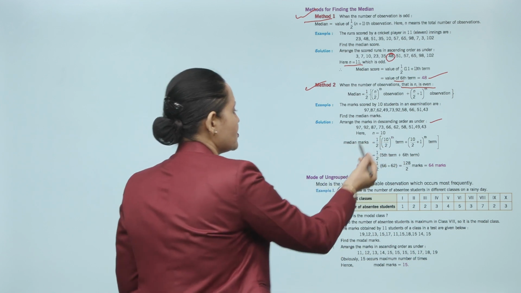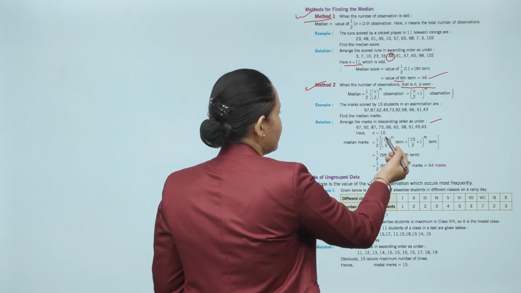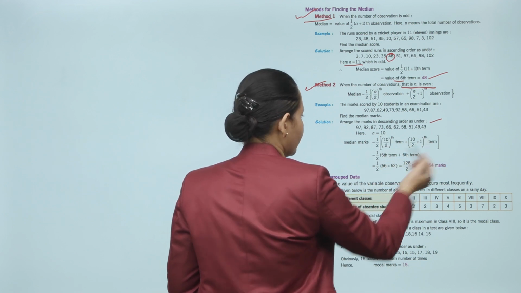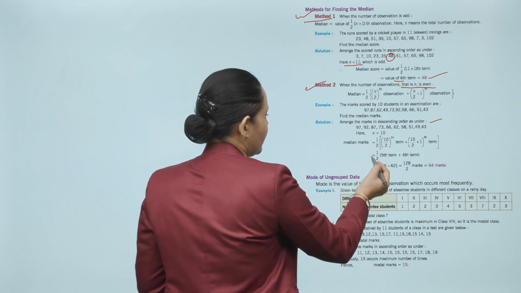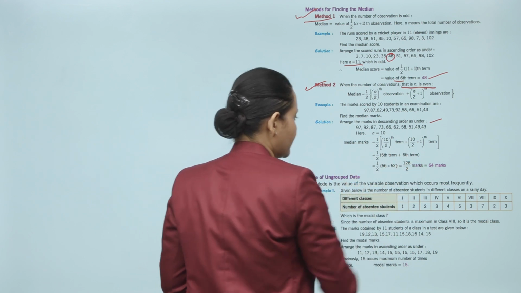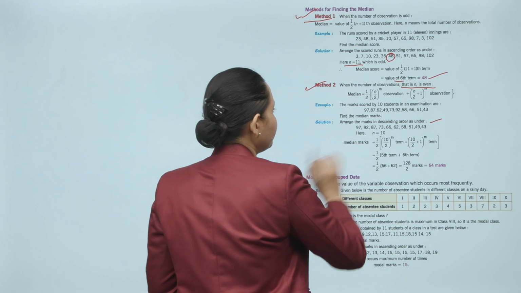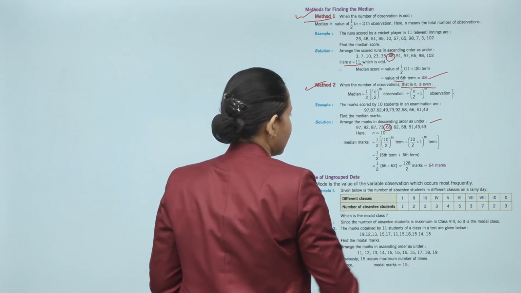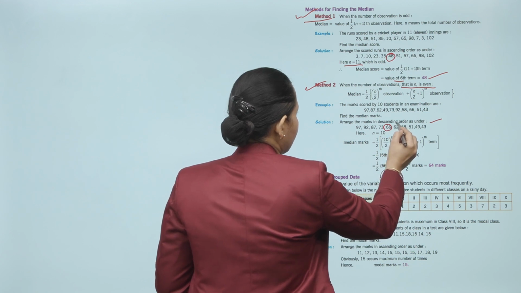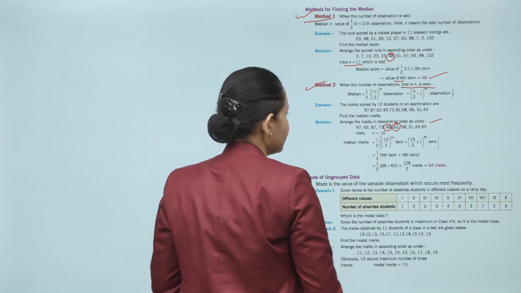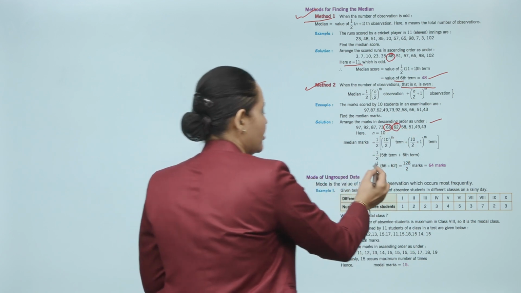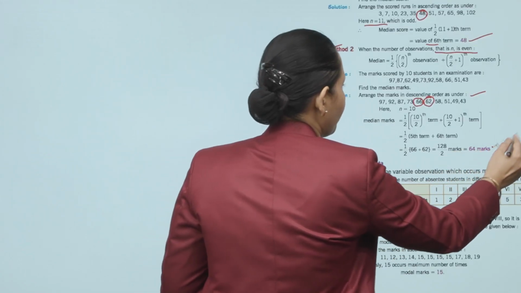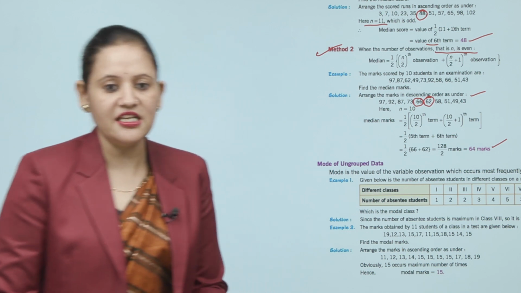So median equals 1 by 2 of the (10 upon 2) term plus the (10 upon 2 plus 1) term, that is 1 by 2 of the fifth term plus the 6th term. What is the fifth term? 1, 2, 3, 4, 5, that is 66, and the next, the 6th term, is 62. So we will add the values of these two and divide by 2, that is 64 marks. So our median is 64.